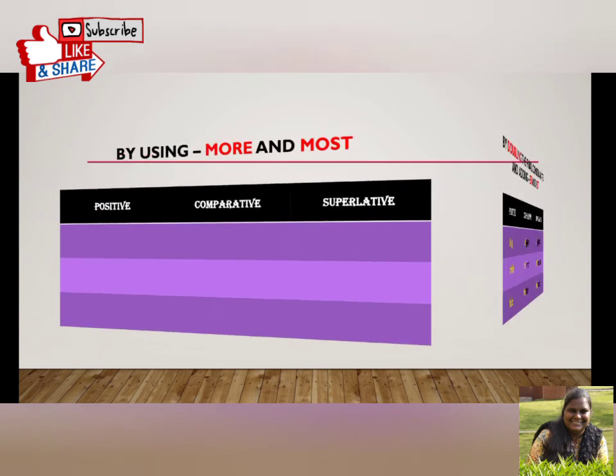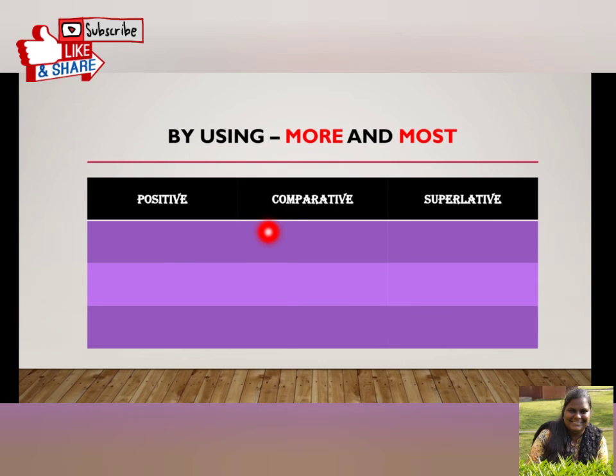The next one, by using more and most. Some words we have to which we cannot add anything, so we use more for the comparative degree and most for the superlative degree.